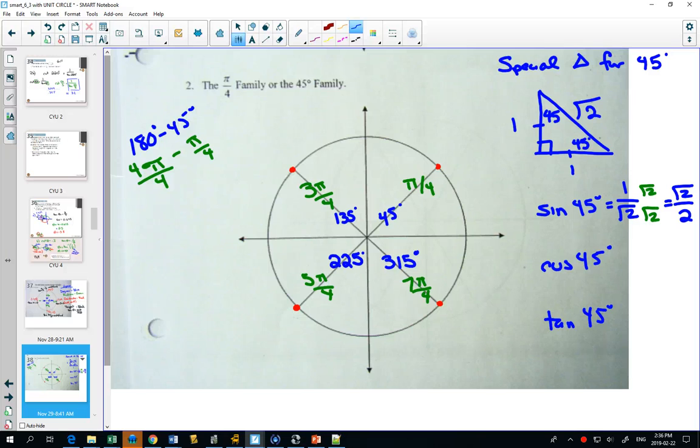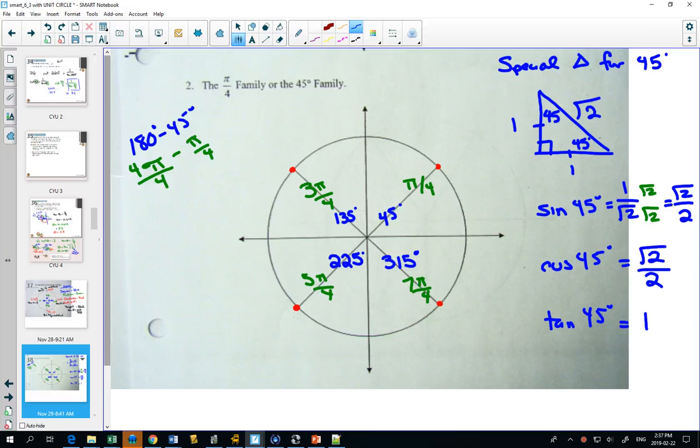Cos of 45 degrees, adjacent over hypotenuse. Can you see that that's also going to be exactly the same? So I'm just going to write root 2 over 2 right away. And tan of 45 degrees, opposite over adjacent, is 1.